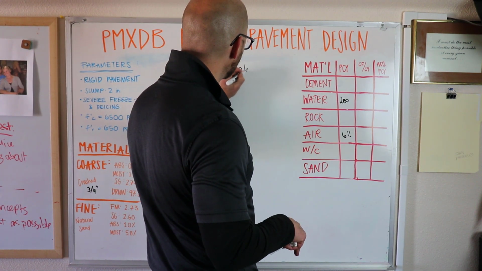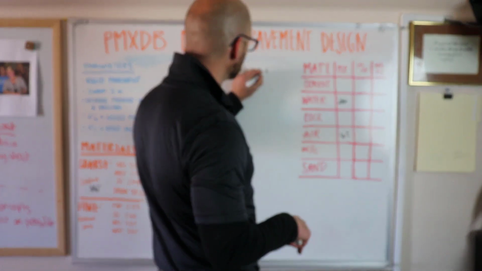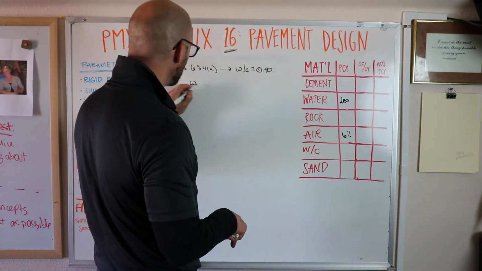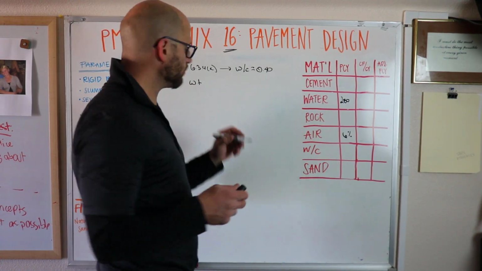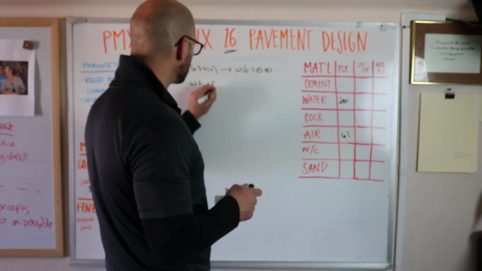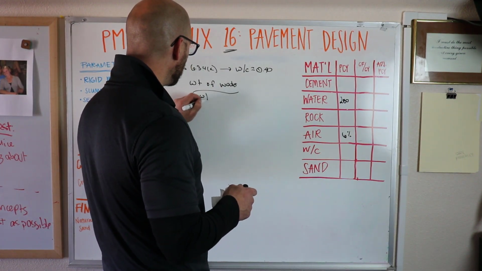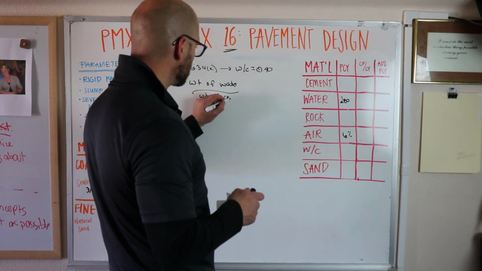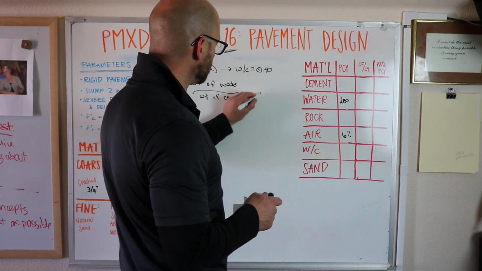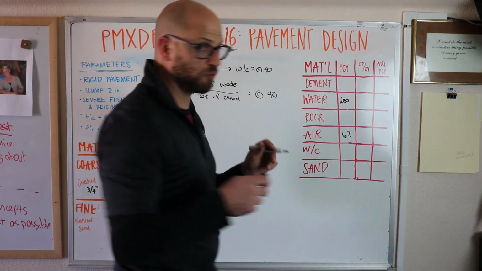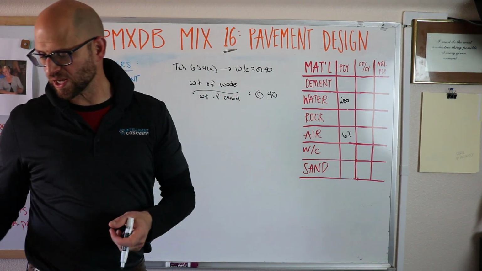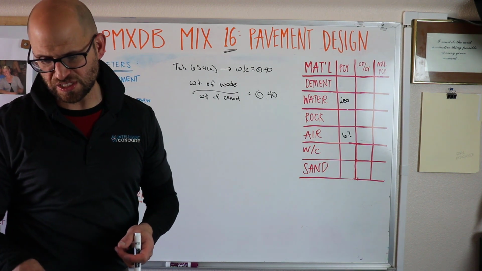So our water cement ratio equals 0.40, and for those of you who don't know what water cement ratio means, it's weight of water over weight of cement equals 0.40.